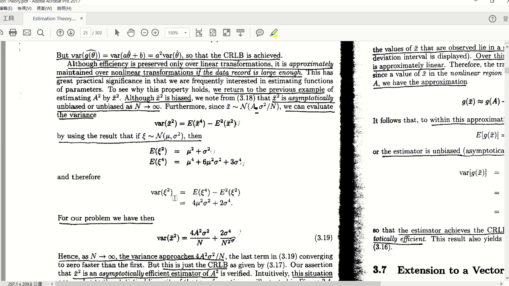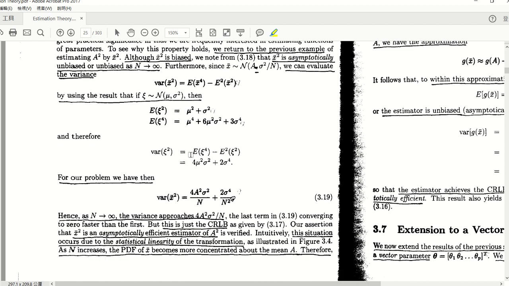The derivation, of course, takes some mathematical reformulation and simplifications, but it all uses the basic properties of probability. So if it's not familiar to you, you can check some identities in basic probability. And anyway, at the end we are going to get the variance of this.